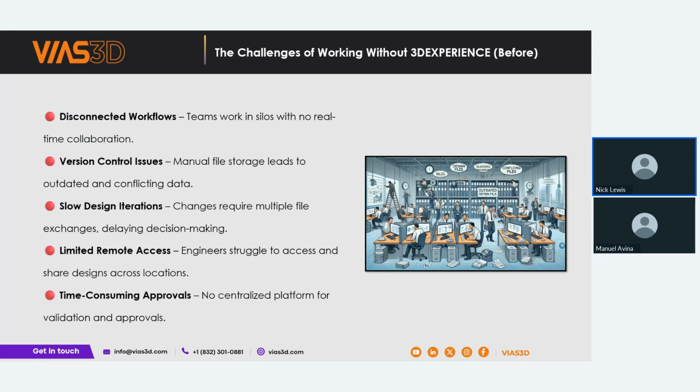Another factor is there's no working in silos and in a conventional on-premise format. There's no real-time insight into the ongoing projects. It's hard for management to track progress or track the status of things, whereas 3D experience on the cloud gives everybody in the system full visibility to what's going on.